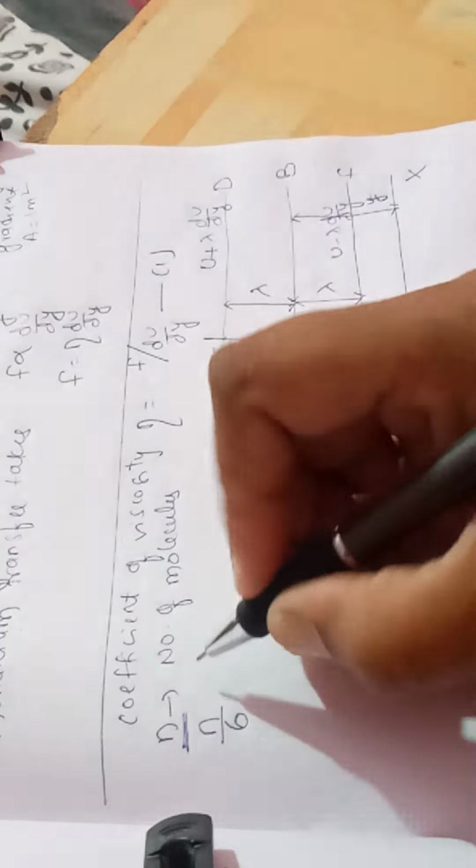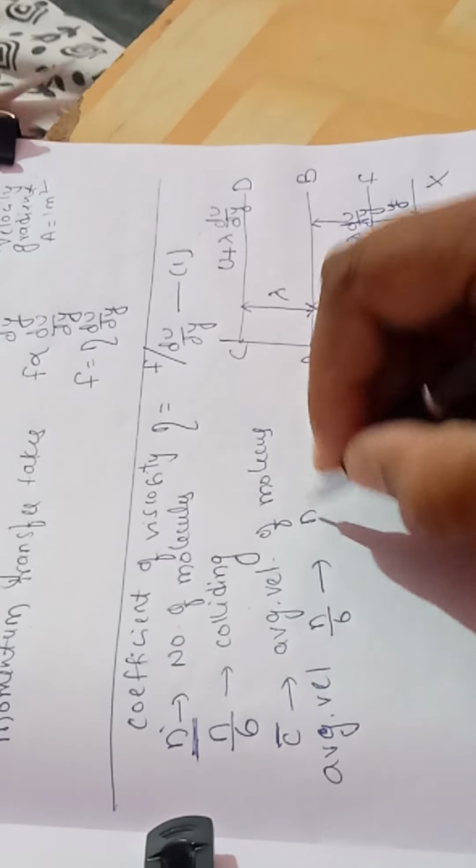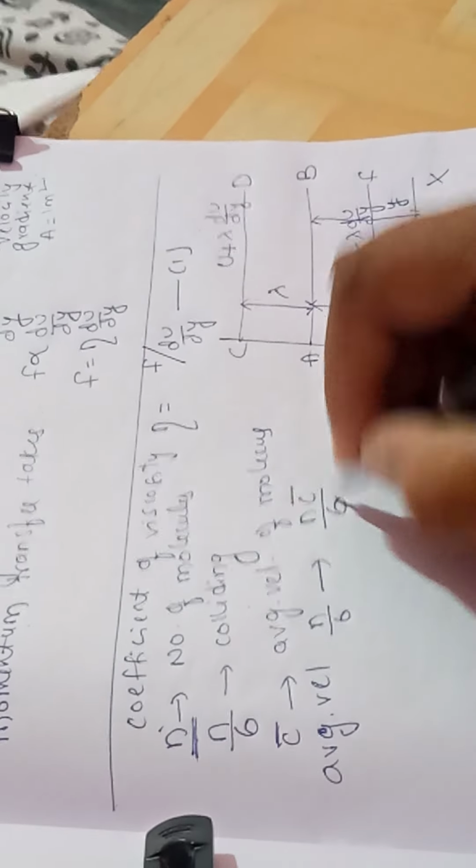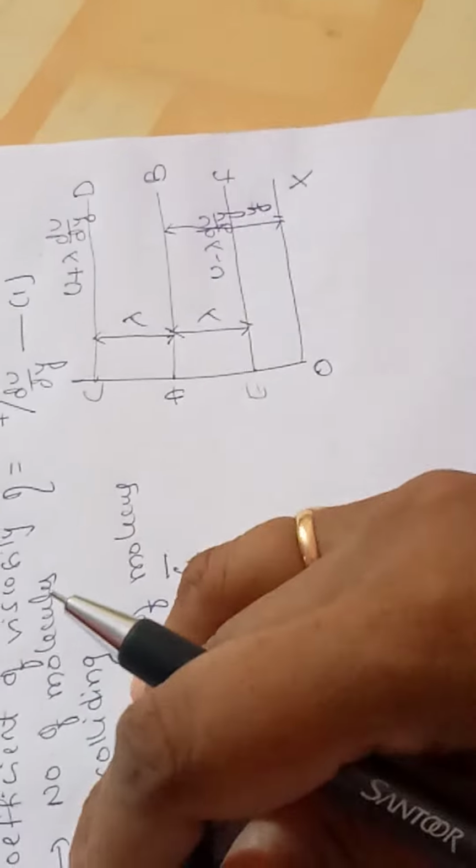Only n by 6 out of n are colliding with each other and the walls of the container. Now if c bar is the average velocity of molecules, then the average velocity for n by 6 molecules becomes n c bar by 6.